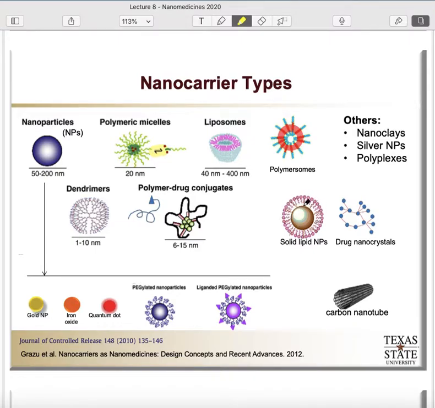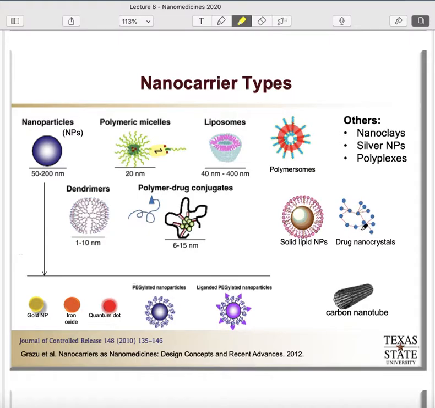Here it's shown surrounded by phospholipids or some kind of amphiphilic molecule that would have a hydrophilic charged group, perhaps, to enable that particle to interact with water.